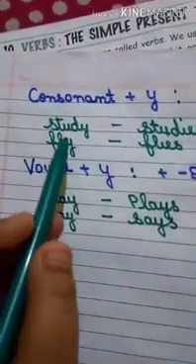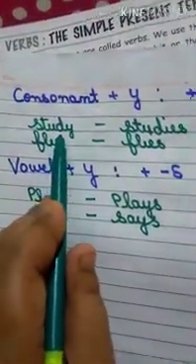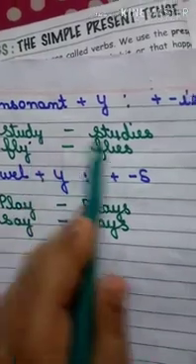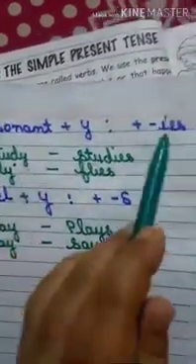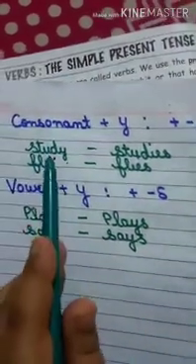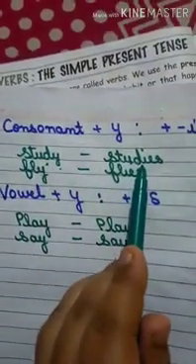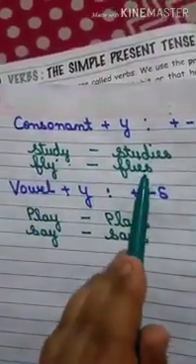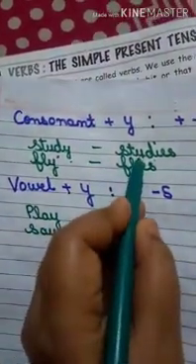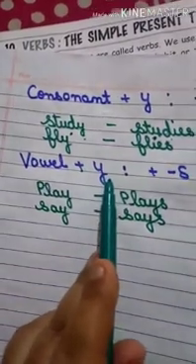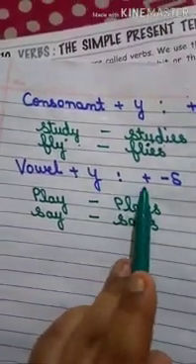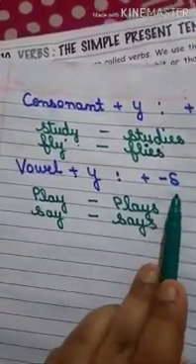Now consonant plus y, in that we add ies. What are those words? Study. So we remove y and add ies. So in place of y, what will we add? Ies. Study, studies. Fly, flies. Okay. So now vowel plus y. In that we add simply s.